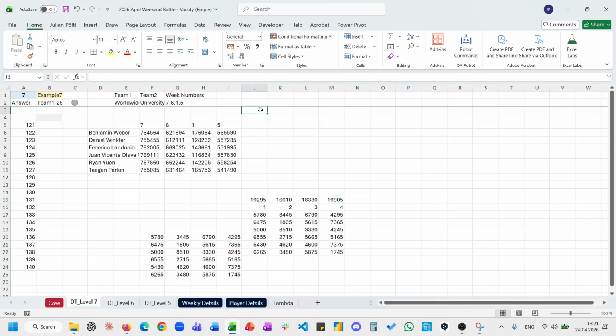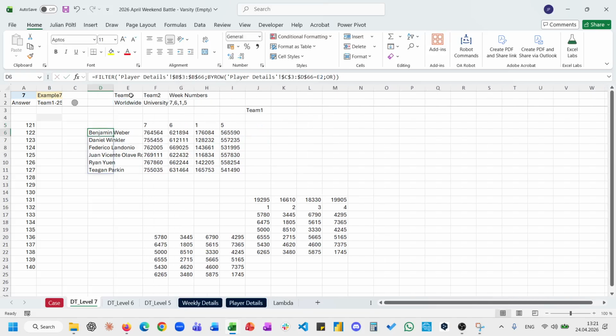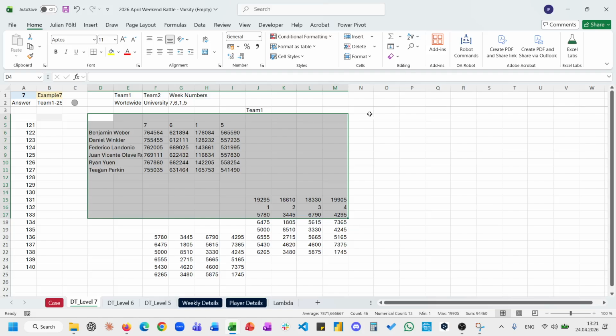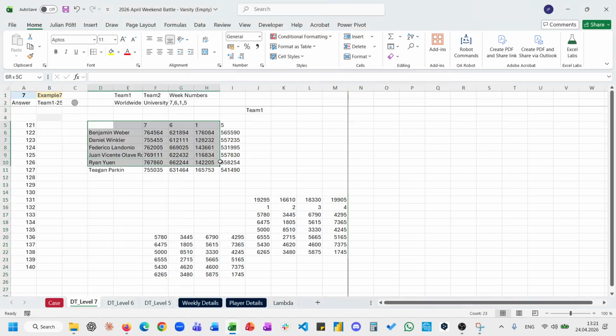Okay, this is team 1. And then we do the same. Is Benny worldwide team mix lookup? Yeah, seems to be. And then T2. It's basically the same.